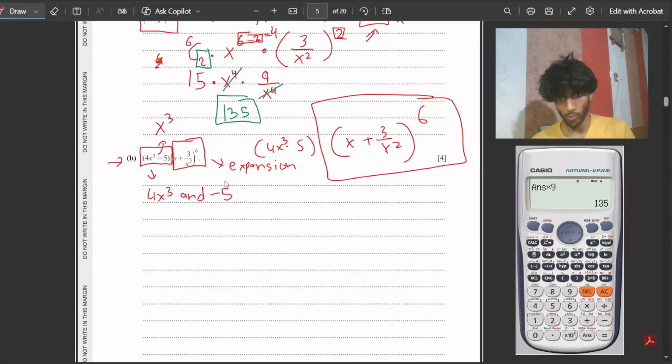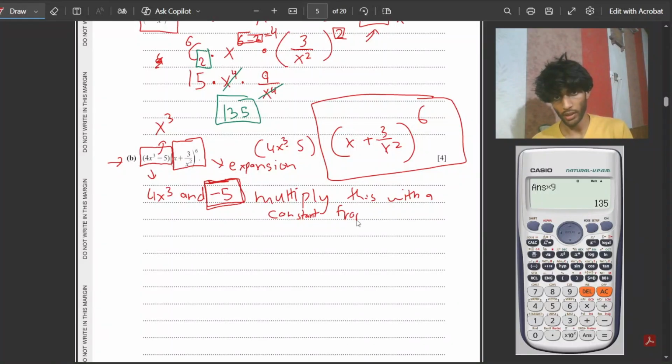What do you want to multiply this with? This negative 5 does not have an x term. Therefore, if you want to end up with an answer that does not have an x term, you need to multiply this with a constant from the second bracket.